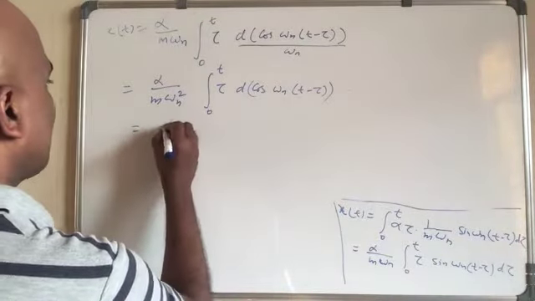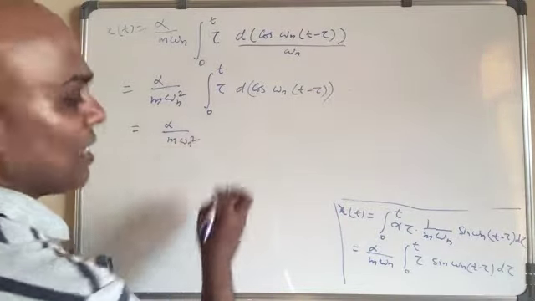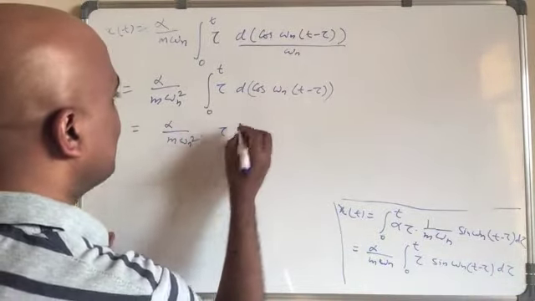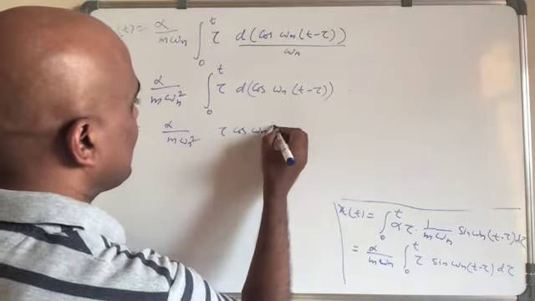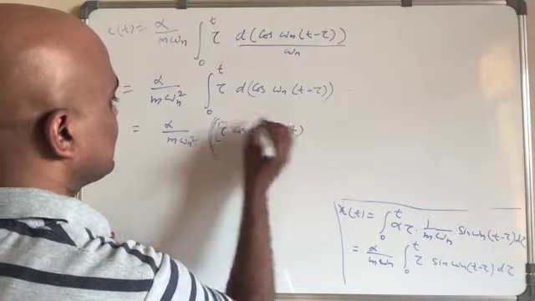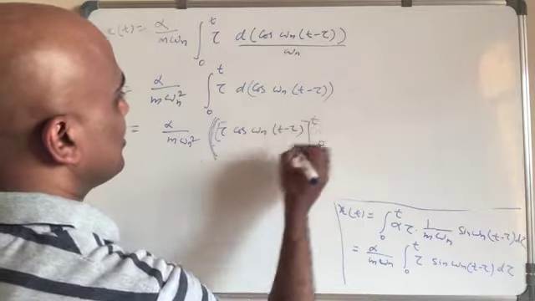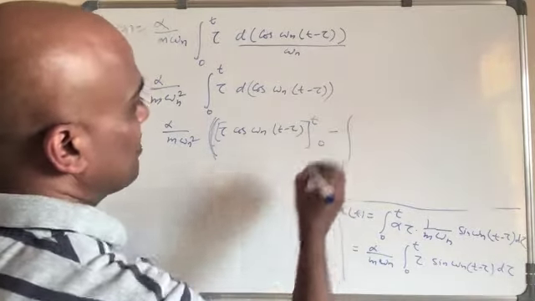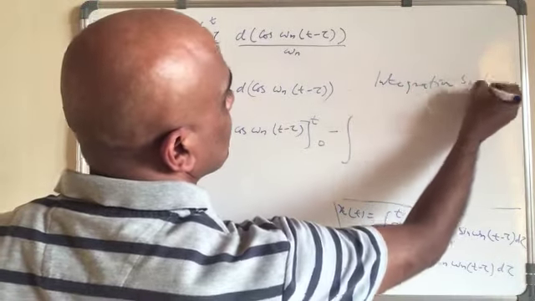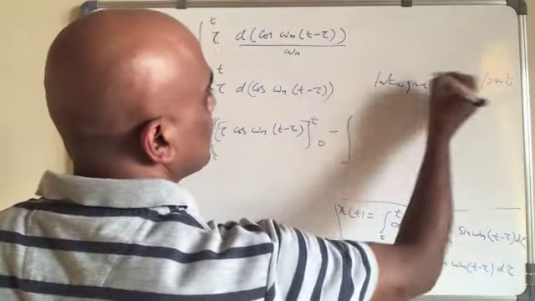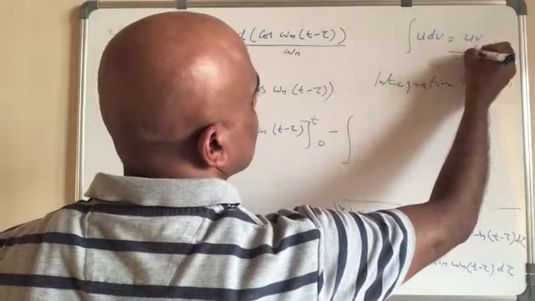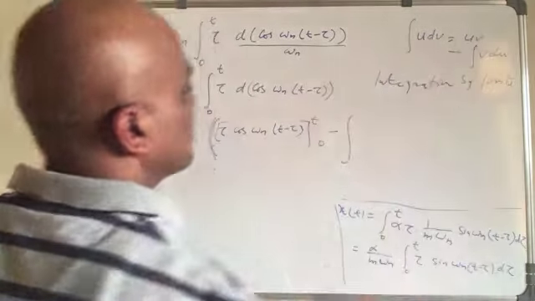So we have tau cos omega n (t minus tau) evaluated from 0 to t, then minus the integral, by parts. Integration by parts is: integral of u dv equals uv minus integral of v du. That's what we are doing.